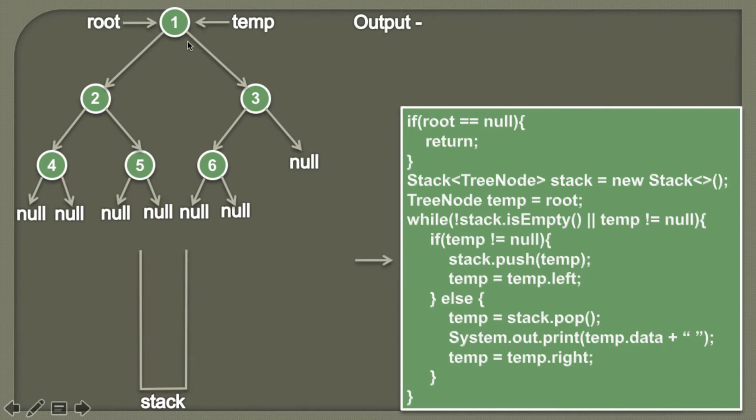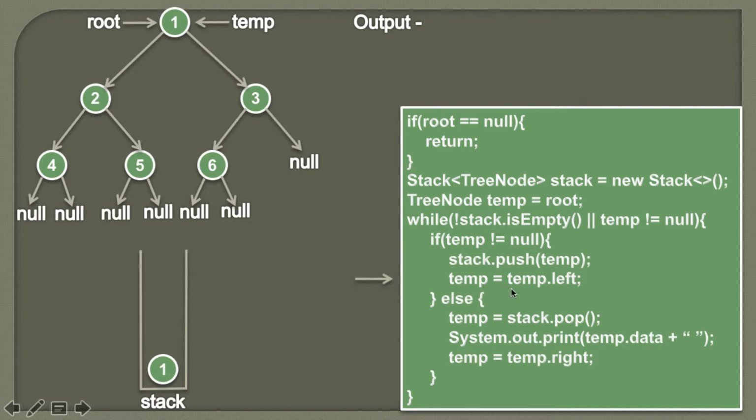Which makes sense because before visiting this node we have to first visit its left subtree. So we push this temporary node on the stack, so that once we are done with the left subtree, we can pop this element out, visit this node, and after visiting this node go to its right subtree. When we push the temporary node on the stack, it looks something like this, that now node 1 is on the stack. Moving ahead.